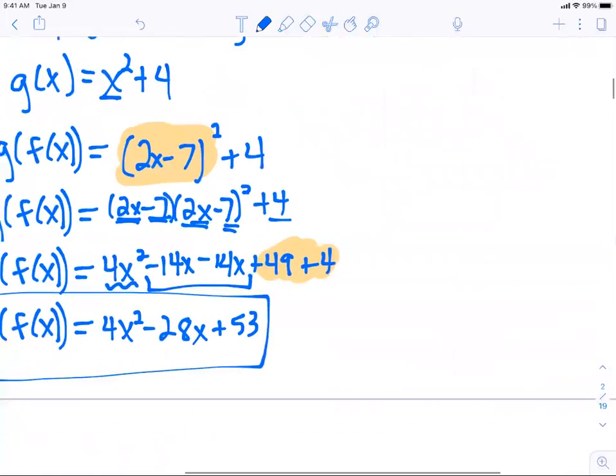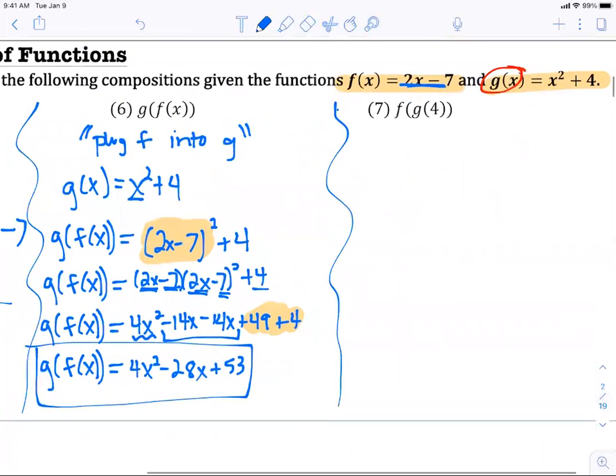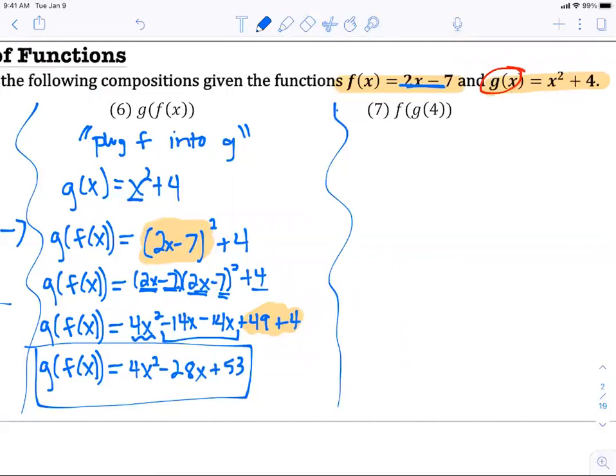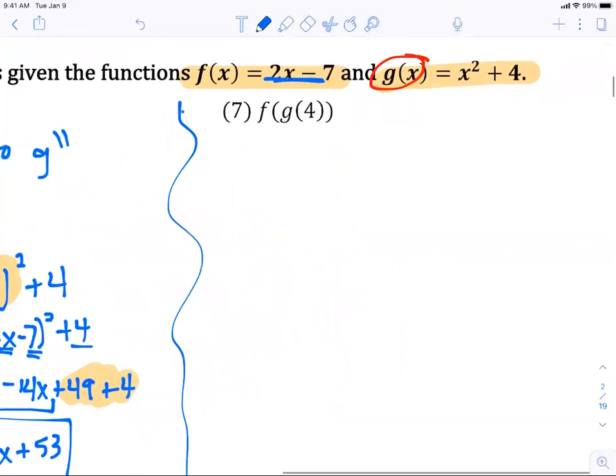Now, sometimes you'll reach some problems where you can actually physically go ahead and evaluate it. So here, if I have f of g of 4, you can do the same thing, except you can simplify things just a little bit more. So f of g of 4 still just means take g and plug it into f.